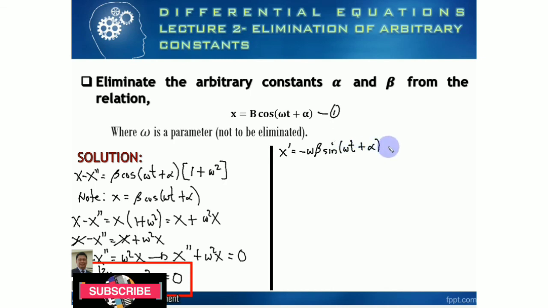This is our equation 2 from the previous calculation, and our equation 3 is our second derivative, which is equal to negative omega squared times beta times cosine of omega t plus alpha. So we already have these three equations from our previous discussion.